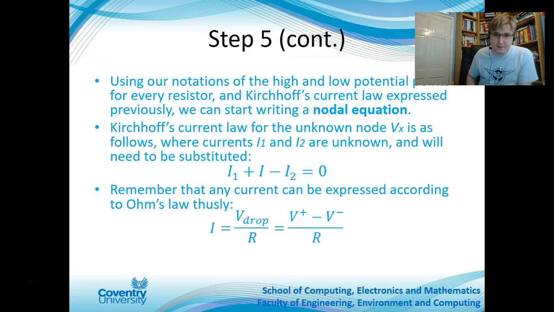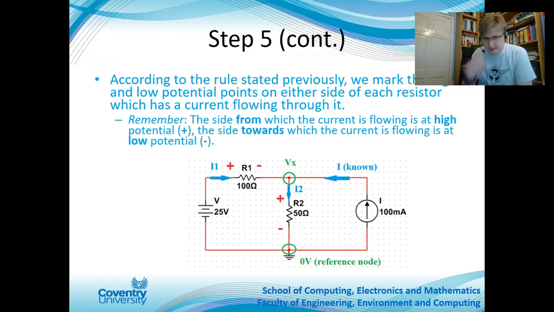So again, for our notation, I've basically said this, but we can start writing our nodal equation. We know that we've got I1 plus I minus I2 equal to 0. Now we can start putting that in terms of voltages, because everything we know here is in terms of voltages. We know what the voltage V is, that's 25.